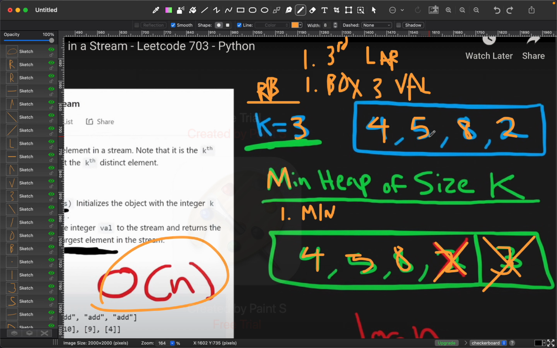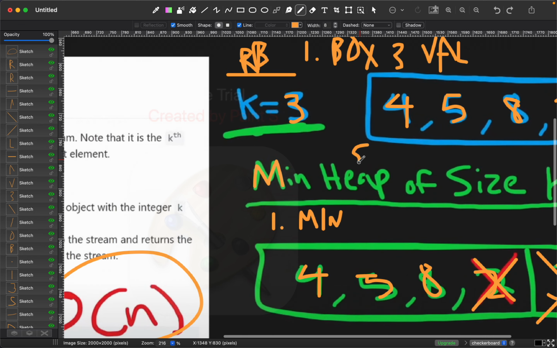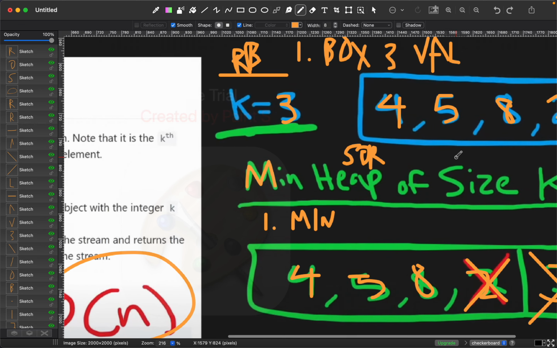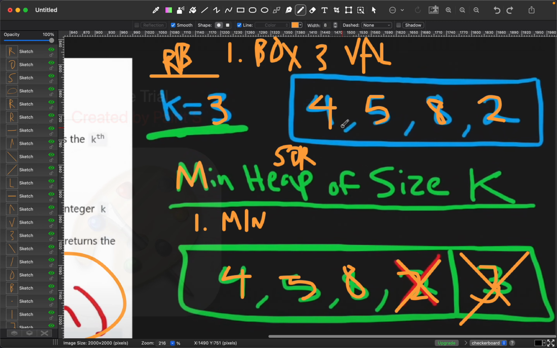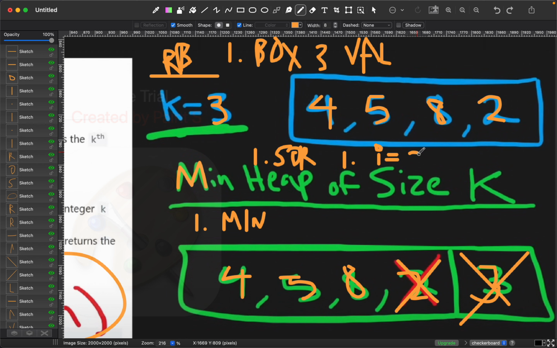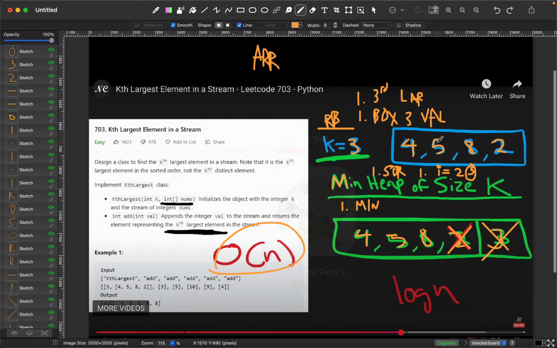How am I going to do it? I think first and foremost I will do a sorting. I'll sort these guys out first. And then after sorting, I will collect whatever index equals, say, 2, which in this case is getting the third value.